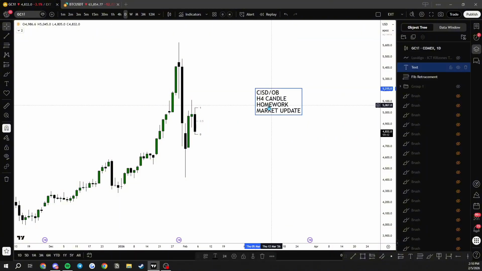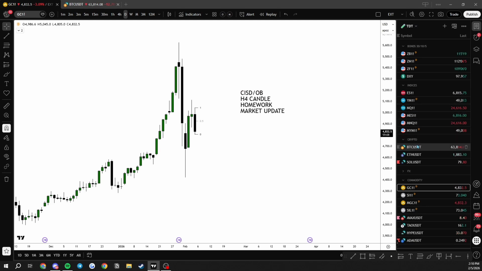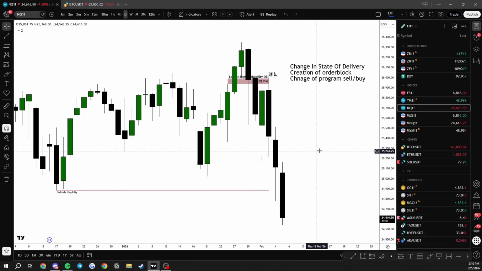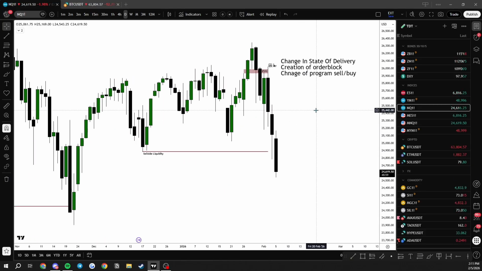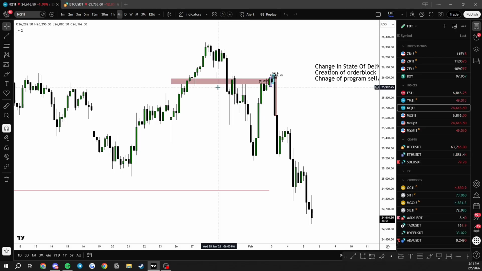All right, cool. So let's start by talking about the change in state of delivery stuff again, okay? The easiest place that you're going to be able to see this, guys, is going to be in candle 2 and candle 3 of a swing point, right?